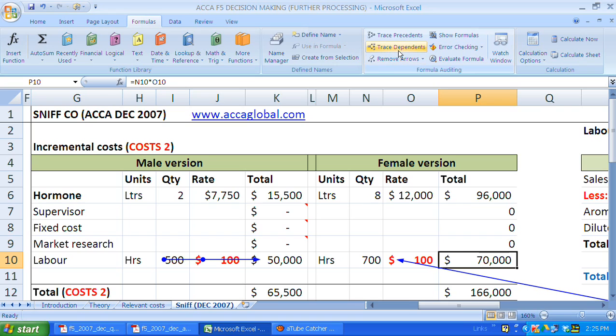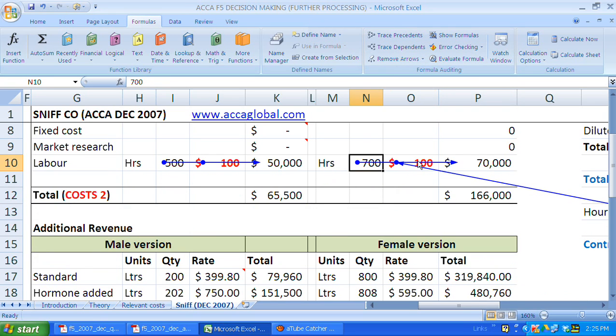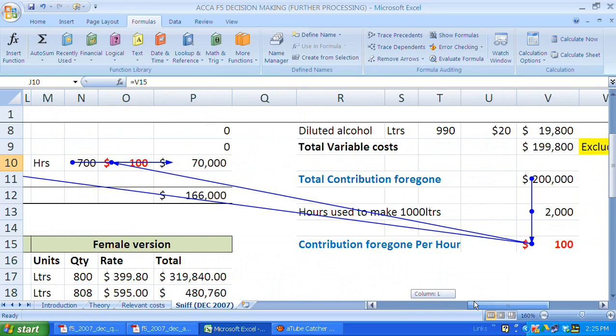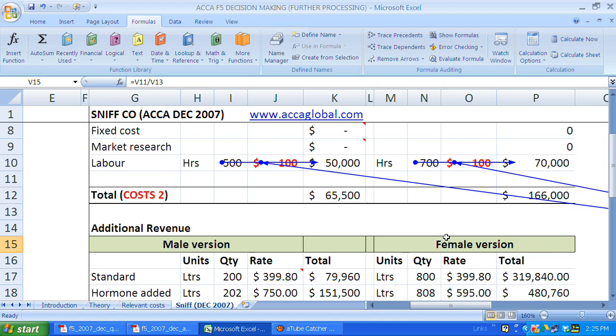So 700 by 100 gives you 70,000. Okay, so this 100 is still also coming from the 100 I've computed right here.